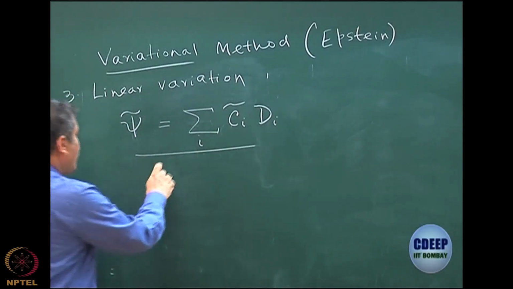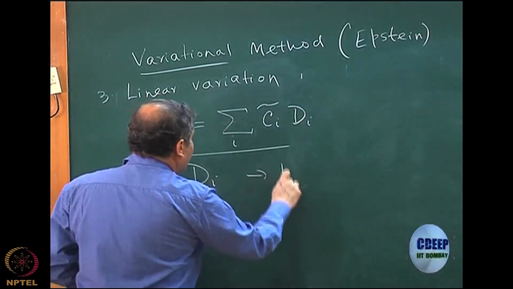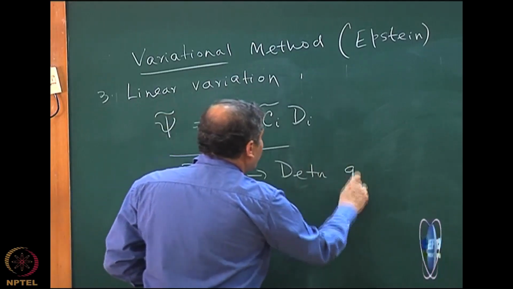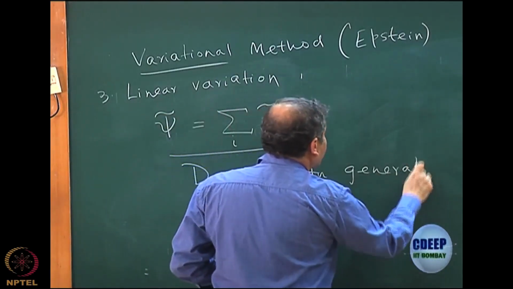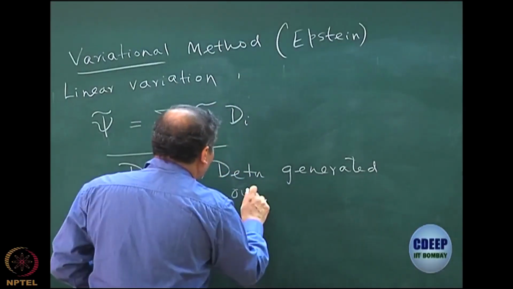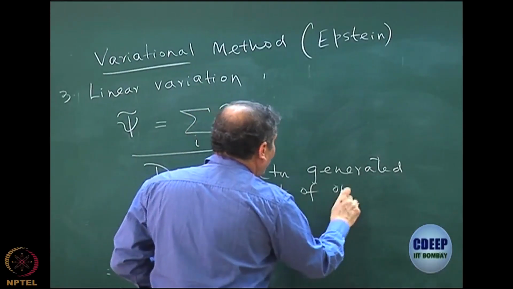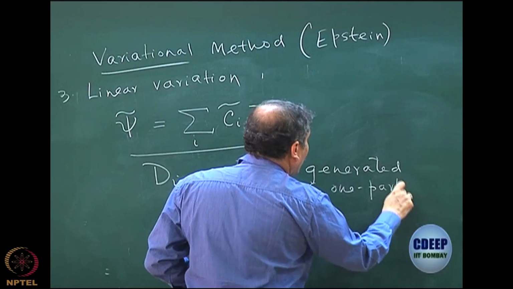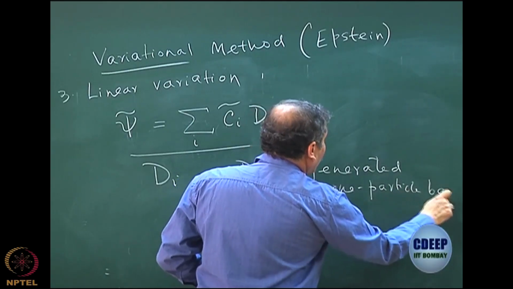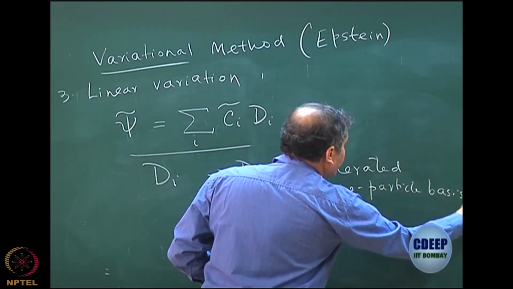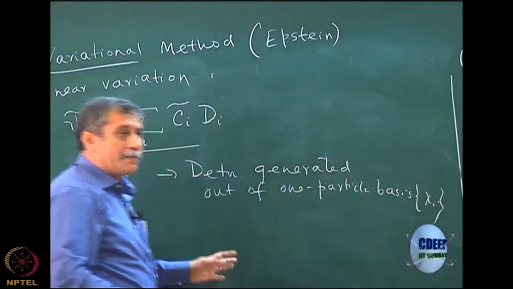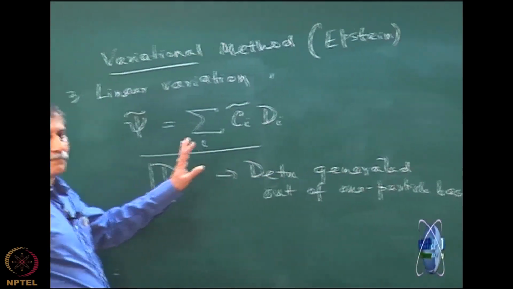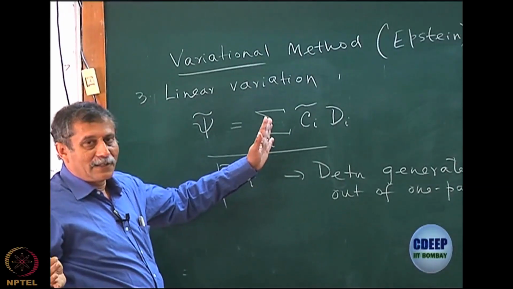So, these di's are nothing but determinants generated out of chi. This can be one example, generated out of the one particle basis, which is my chi's. It can be, this is an example, but it need not be. It can be any basis.